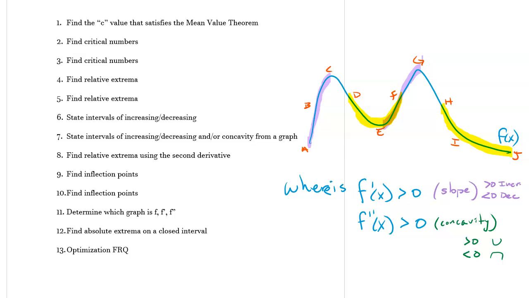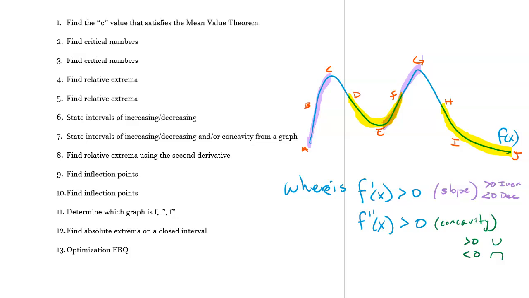Now, is everybody okay with the shadings we've gotten so far, or does somebody want me to explain the purple or yellow? Okay. Your final answer is where the graph has both of these satisfied at the same time.